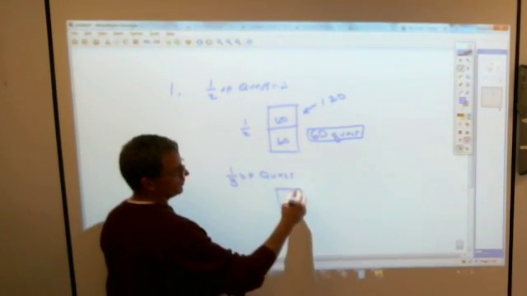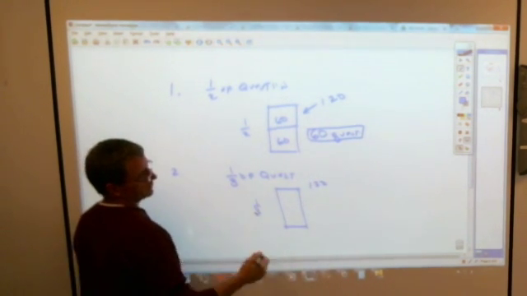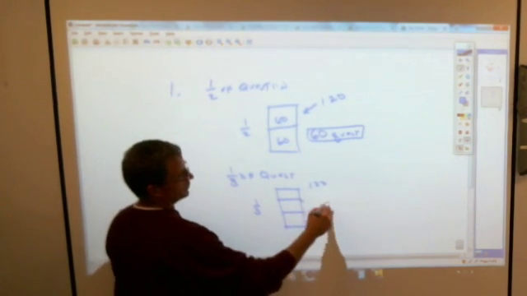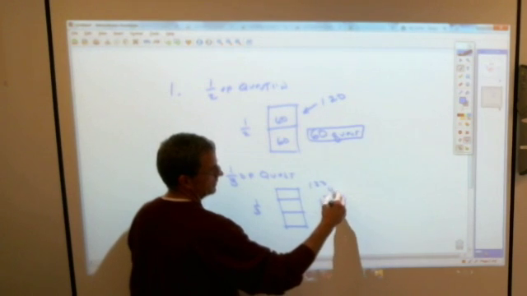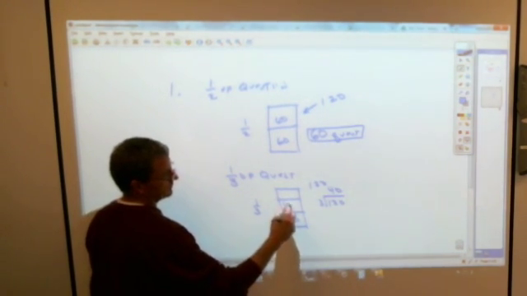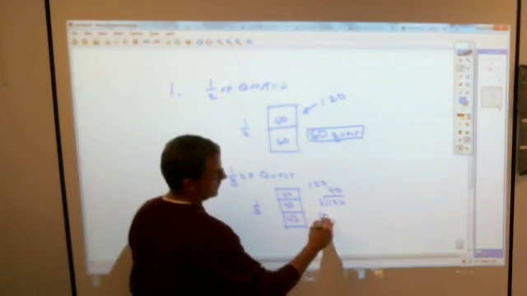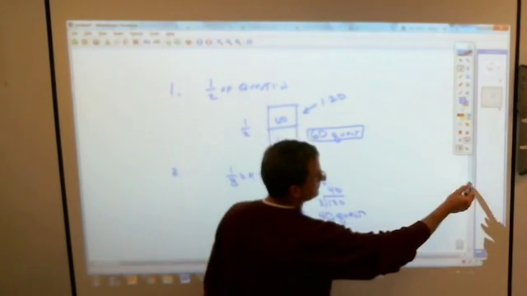It's still going to be 120 questions, but you're looking for the fraction 1/3. If you take 120 and cut it into 3 equal pieces, each piece is 40, if you do the math. So this is what box number 2 would have. And how many questions were true false? 40.